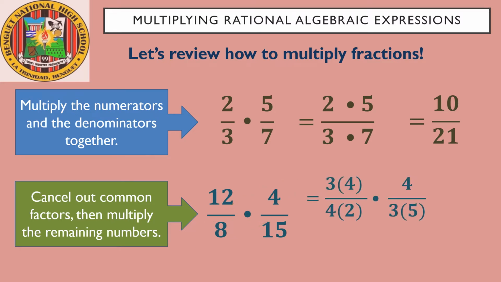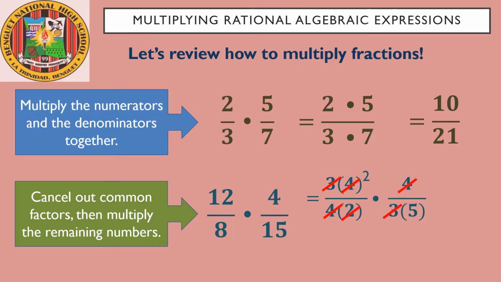From our resulting expressions, we see common factors that we can cancel out. First, 3 from the factors of 12 and the factors of 15, then 4 from the factors of 4 and 8. We can also see that from the first fraction, 4 and 2 have a common factor, which is 2, so we cancel that out, leaving 2 in the numerator and 1 in the denominator.